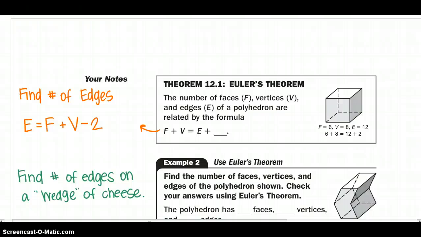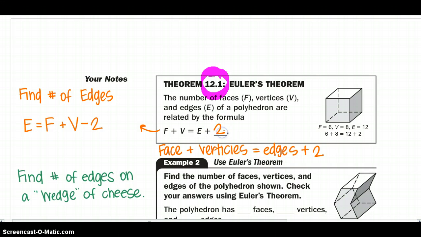Moving on to theorem 12.1, which is Euler's theorem. So the number of faces, F, vertices, V, and edges, E, of a polyhedron are related by this formula. So our faces plus our vertices are equal to the number of edges plus 2.